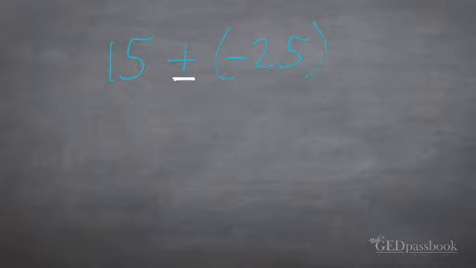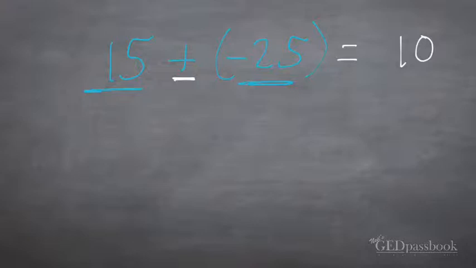Now ask yourself, do they have the same signs or different signs? Different, which means that is when you use that rule that we just said, which was find the difference between the numbers and then keep the sign of the bigger number. What does that mean? That means exactly what it means. What is the difference between 25 and 15? The difference is 10. If you do 25 minus 15, you get 10.